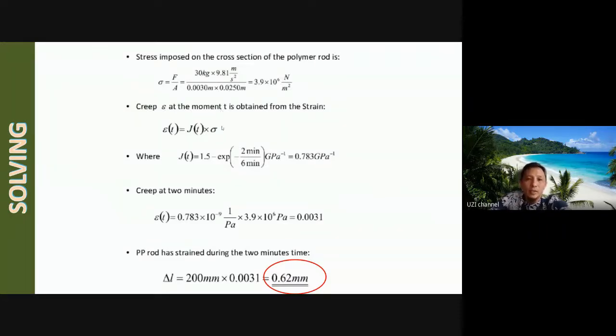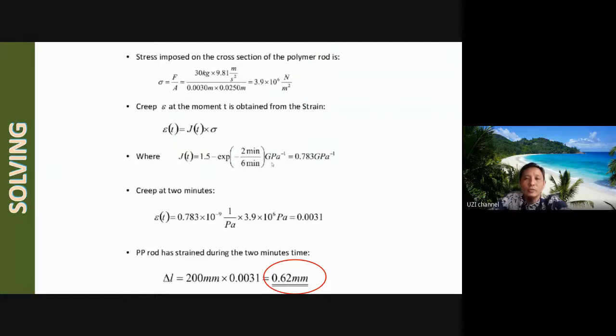Then we can calculate the creep with the obtained strain like this, where the equation follows this, and by calculating with 2 minutes, we get the strain, or creep, of 0.0031.